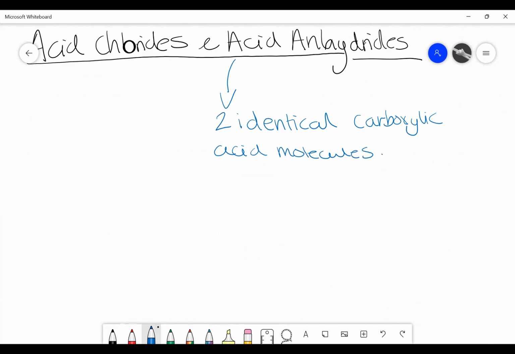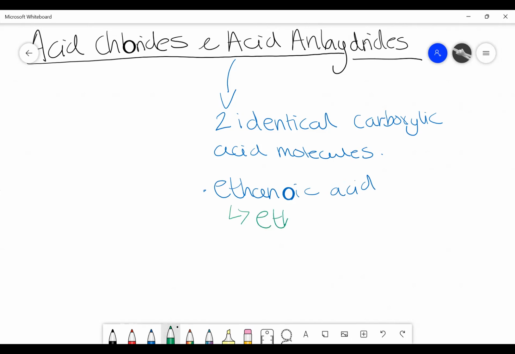If you know the name of a carboxylic acid, they're really easy to name because we take away the acid and we add anhydride. So for example, if it contains ethanoic acid inside it, if it had two molecules of ethanoic acid inside it, the name of the acid anhydride in this situation, we get rid of the acid and add anhydride.